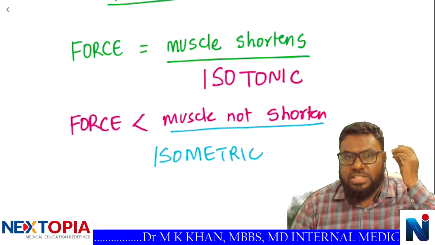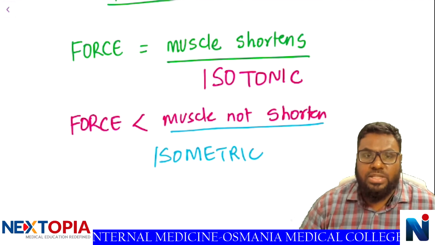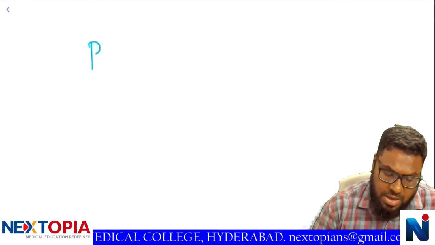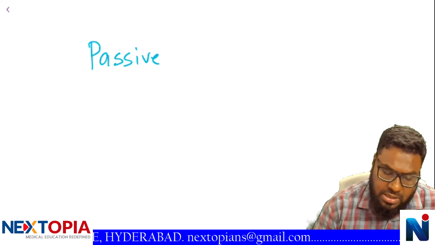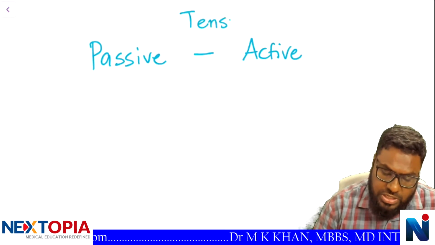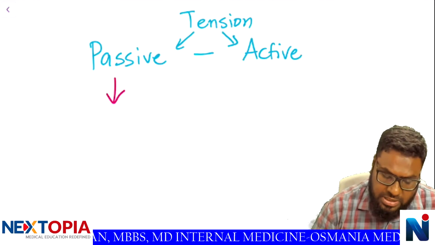What are the types of tension that are applied? We apply a passive tension onto the muscle, and active tension. Passive tension is nothing but the preload. Active tension is nothing but the afterload. Simple.